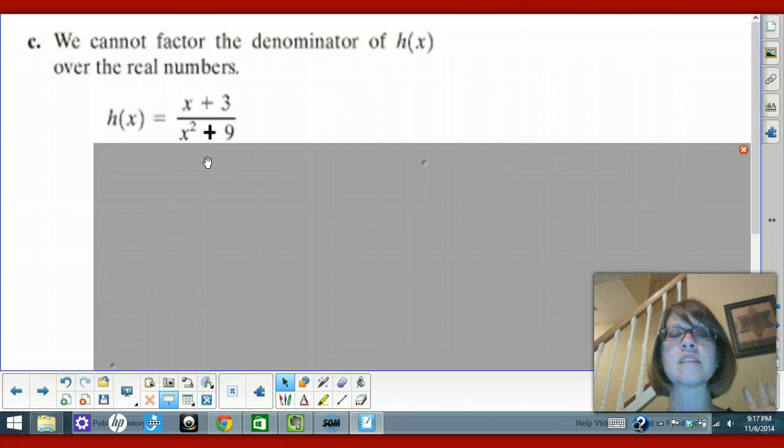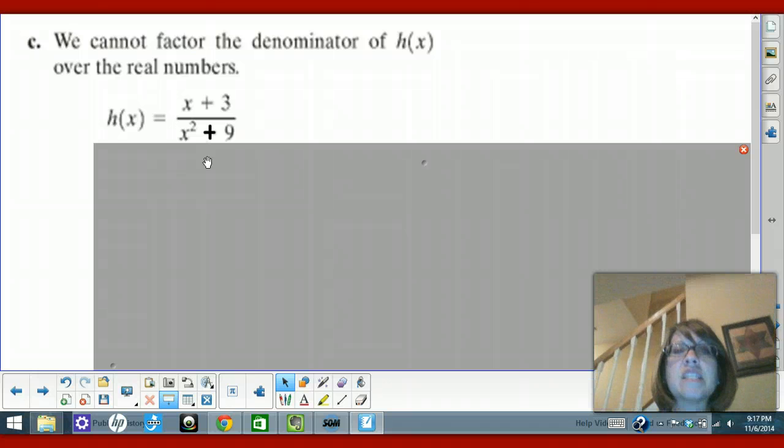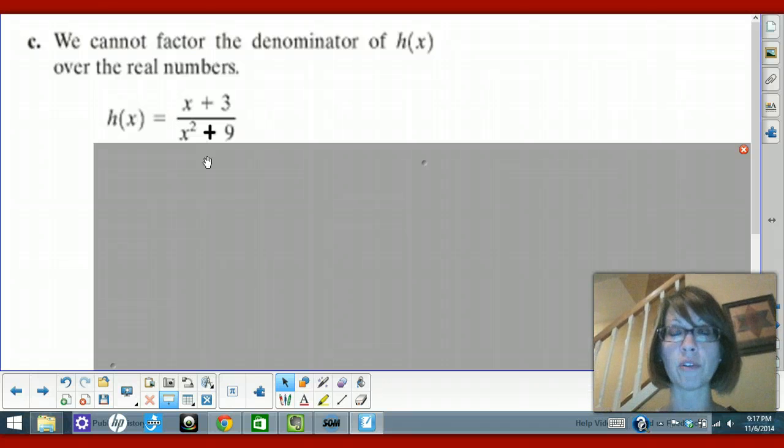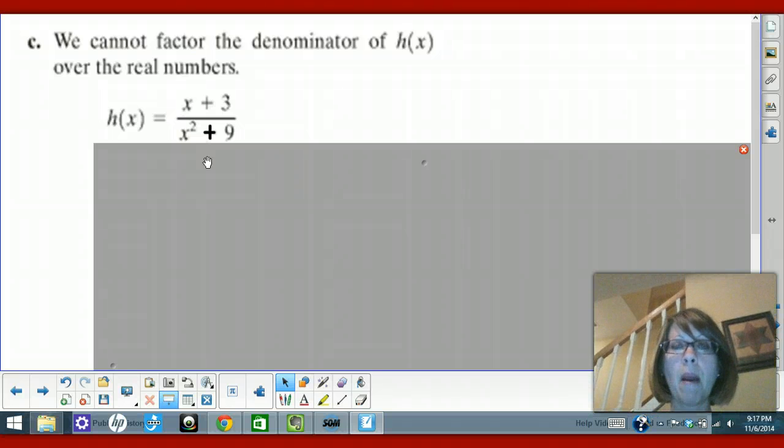Okay, it says here, if we've talked about factoring, x squared plus 9 is a sum of squares. And we talked in Algebra 2 and even earlier this year about how a sum of squares cannot be factored. Okay, so just because something can't be factored does not mean we won't have any vertical asymptotes.